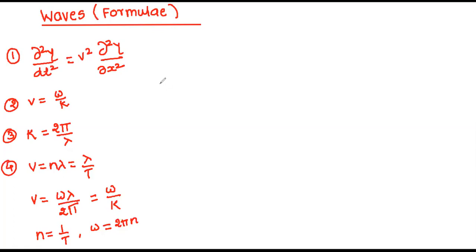Next, equation of progressive wave. You can make some columns according to your convenience. So next formula, this is the 5 number formula. You can give the numbers the way you want, not a compulsory thing.